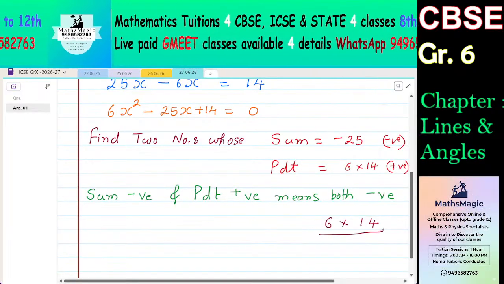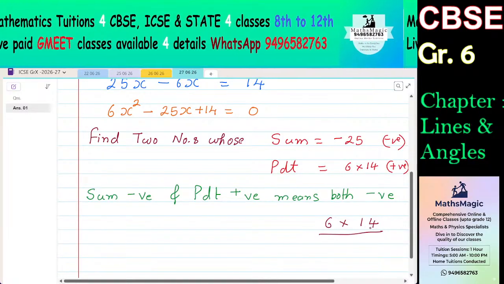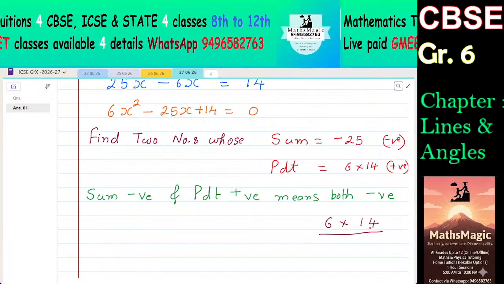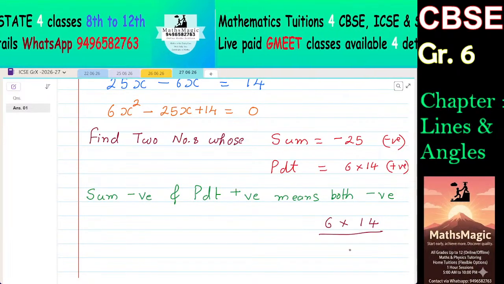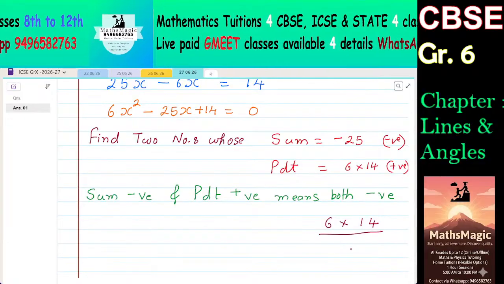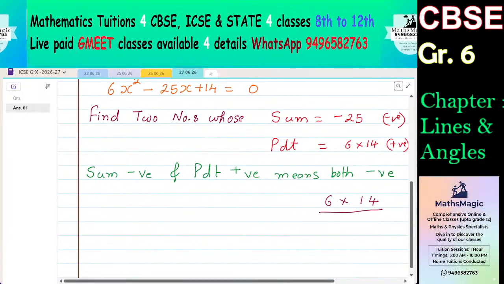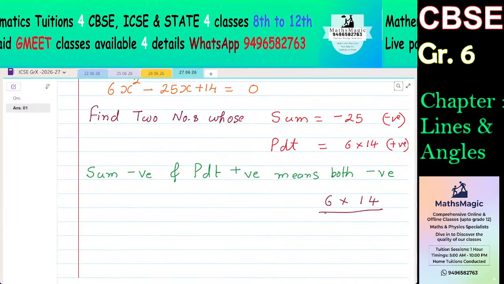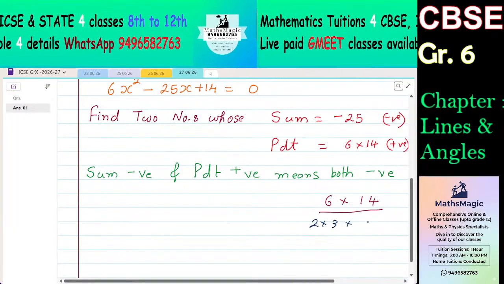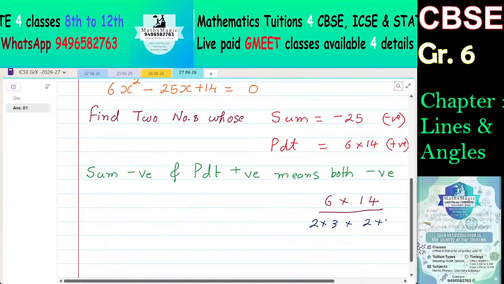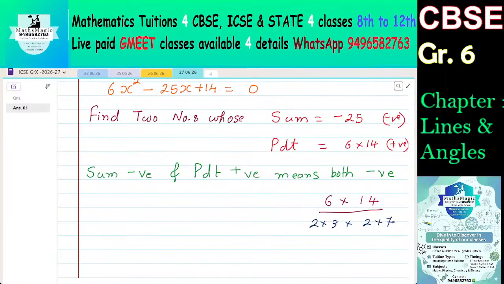So consider this product itself. Since both are of the same sign, you just need to check by adding 6 plus 14, that is just 20. We need 25. So we can split 6 as 2 times 3 and 14 as 2 times 7.